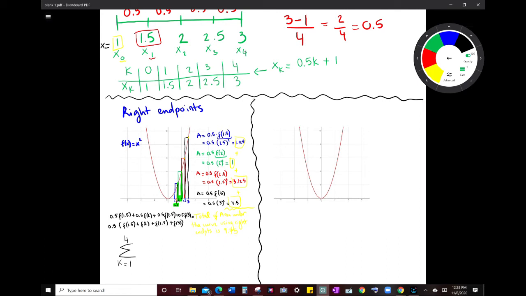And then for this one, you will have 0.5 times 0.5k plus 1, squared.